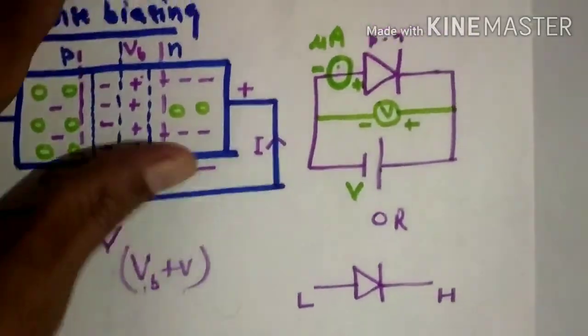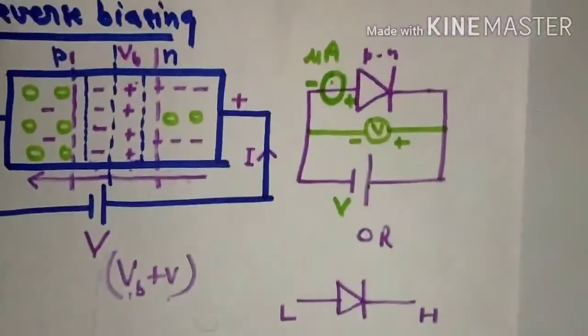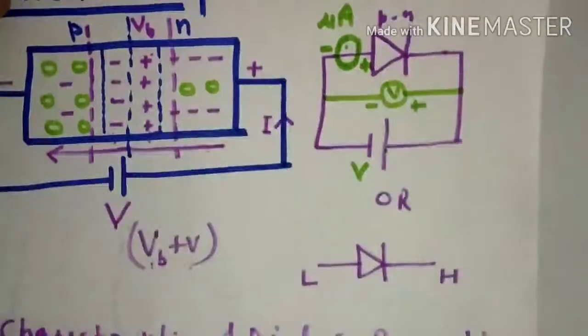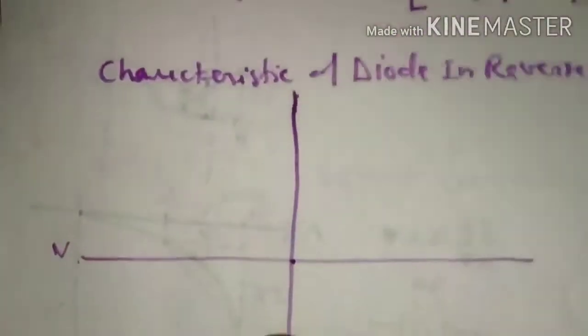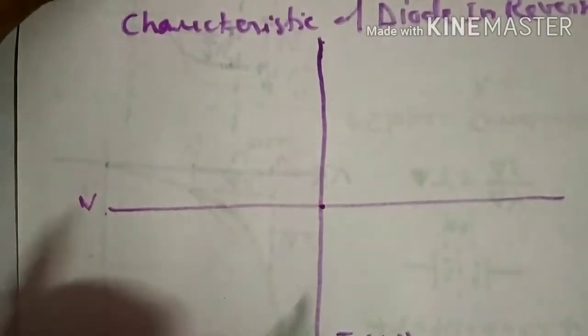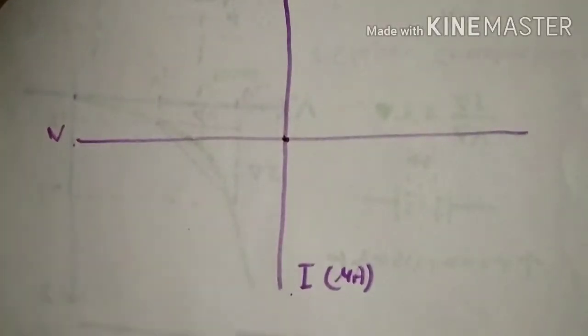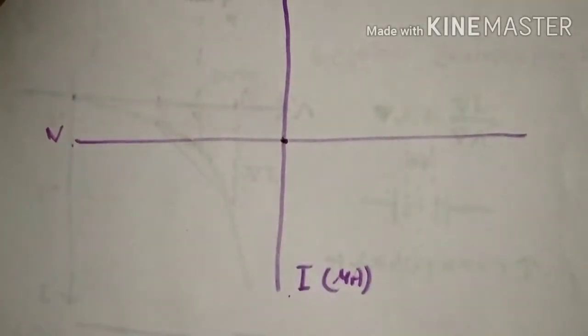So for recording any change in the voltage and any change in the current, we need to connect the voltmeter and the ammeter. And now, as discussed, initially there is no current. In the reverse biasing, the width of the depletion layer increases. The effective value of the potential drop across the depletion layer, that is the barrier potential, increases.